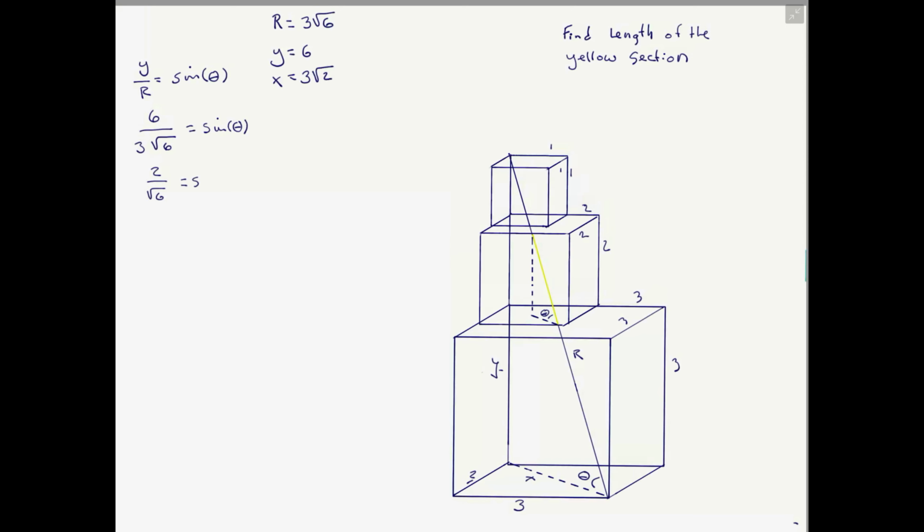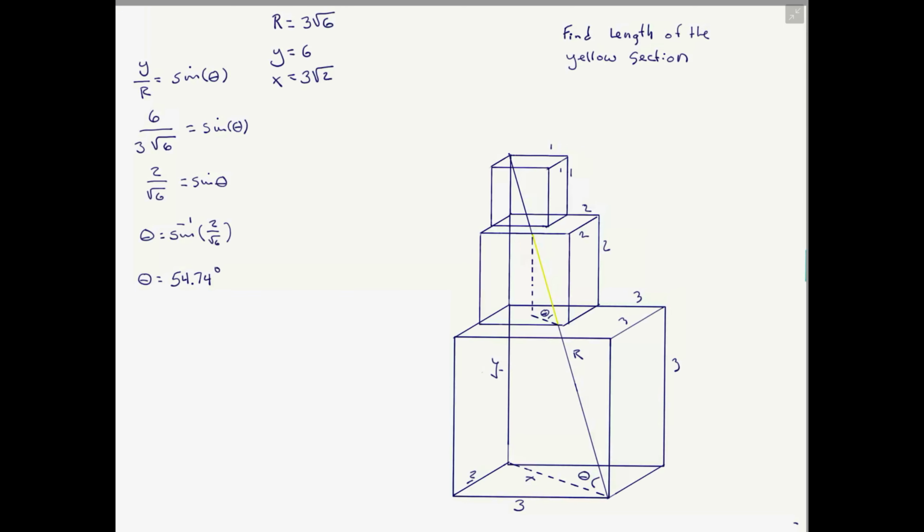Now y over r equals sine theta. And so we have 6 over 3 times the square root of 6 equals sine theta. And that means we can simplify that a little bit more.